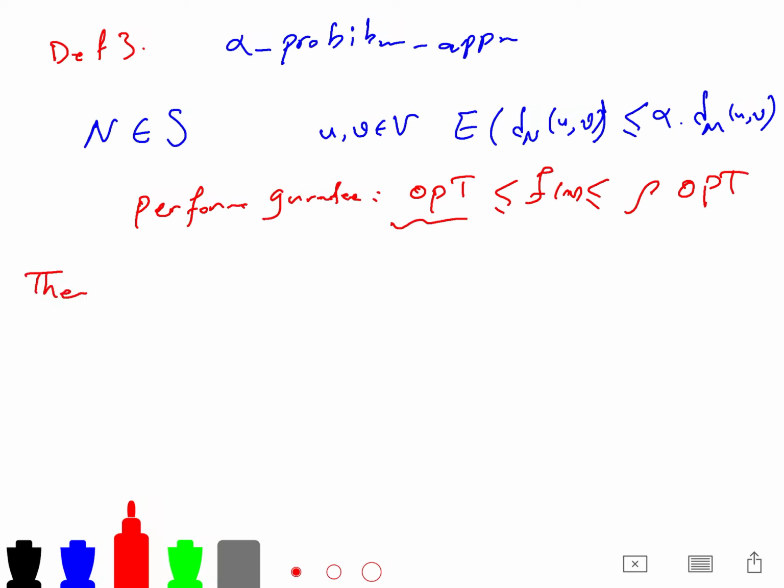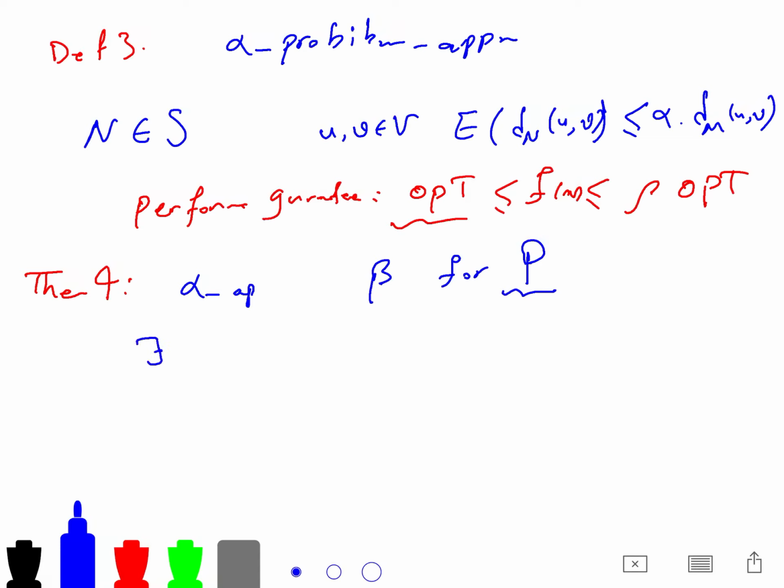Theorem 4 of this paper says: let S be a set of metric spaces over V that alpha-probabilistically approximate M. If there exists a randomized algorithm for metric spaces in S with performance ratio beta for this optimization problem P, where the cost is just the distance between the vertices, then there exists a randomized algorithm for M with performance ratio alpha beta for the problem P. Moreover, if the distribution on S is efficiently computable, then so is the algorithm for M.